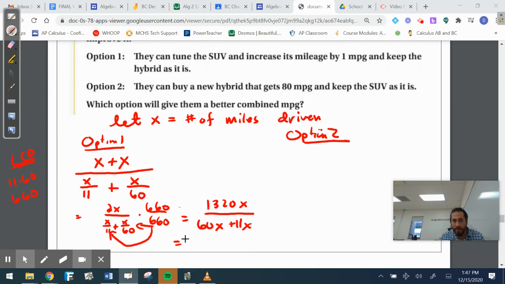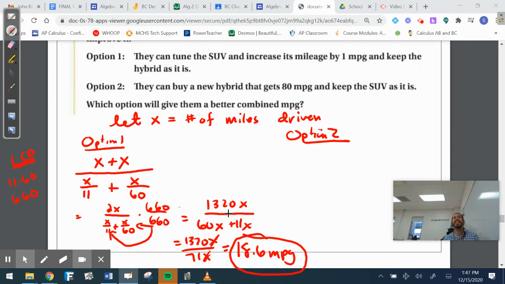So here I get 1320x over 71x. The x's cancel, and I will need a calculator for this. 1320 divided by 71 gives me 18.6 miles per gallon. Oh my gosh, the wife is killing us. Those darn kids are killing our gas mileage.